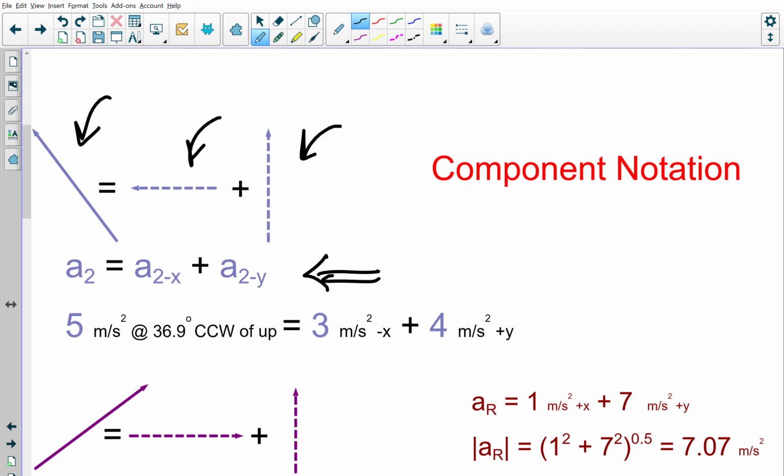So obviously 3 plus 4 doesn't equal 5 because we're adding vectors here. So this is really the line: 5 meters per second squared at 36.9 degrees counterclockwise of up is 3 meters per second squared in the negative x direction plus 4 meters per second squared in the positive y direction.